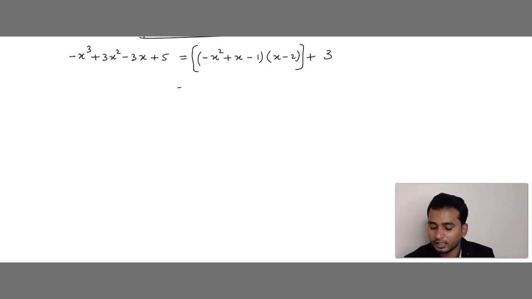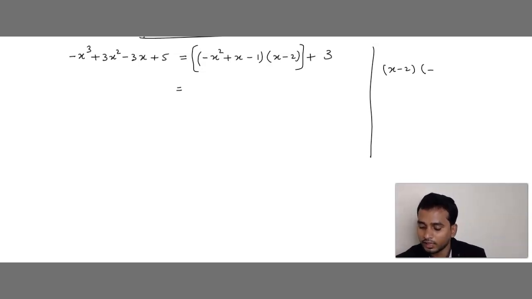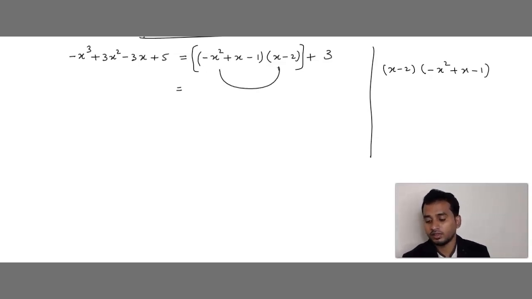So I am taking the RHS part. Again I will put a working column. First I will write x minus 2, and here I will write minus x square plus x minus 1. You can multiply either this with this or this with this, any of the sides, your wish. But I am taking x minus 2 first, and minus x square plus x minus 1 next.